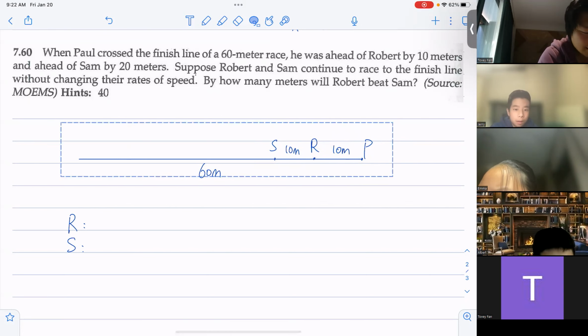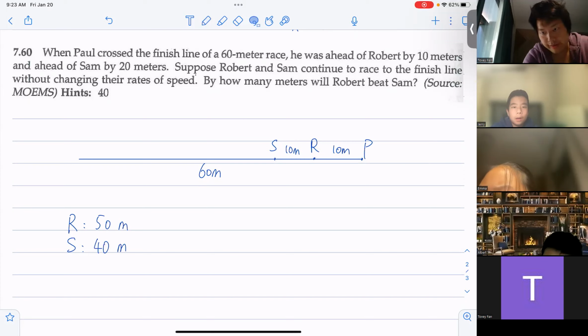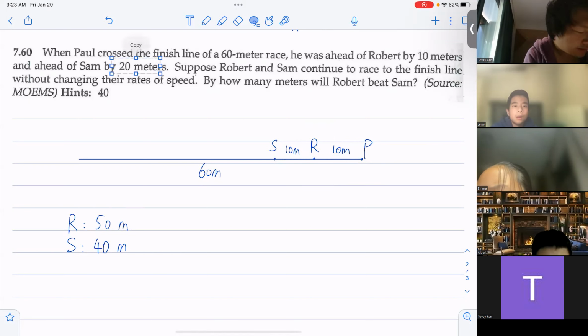The entire racetrack is 60 meters. Robert is at 50. And Sam is at 40. Good. That shouldn't be hard, right? So when Paul finished, Robert is 10 meters behind, so Robert finished 50 meters, and Sam is 20 meters behind, so Sam finished 40 meters, right?